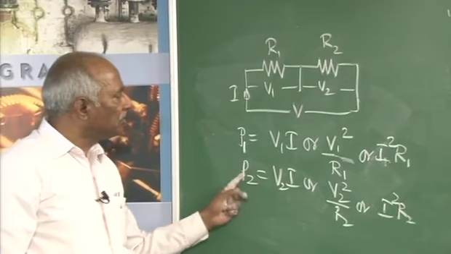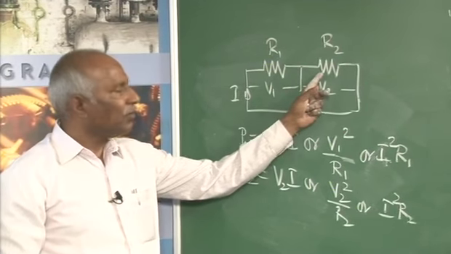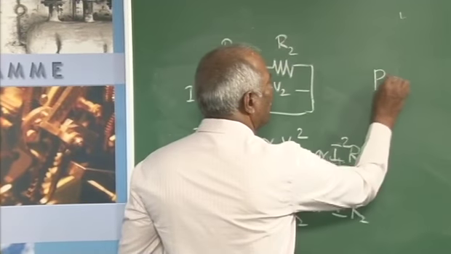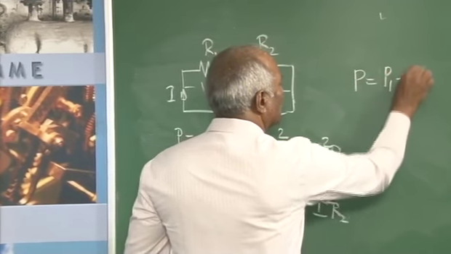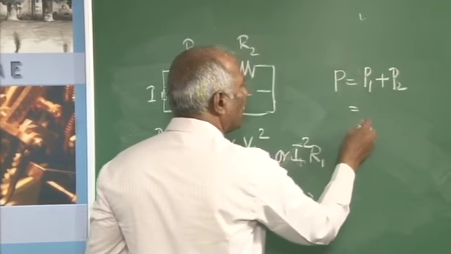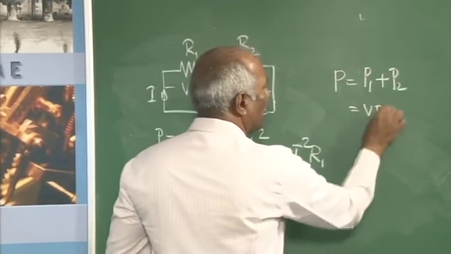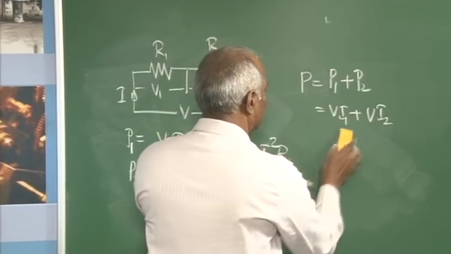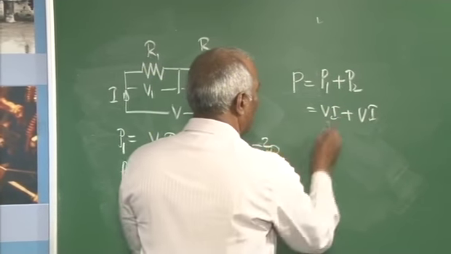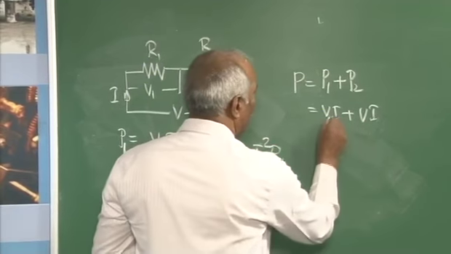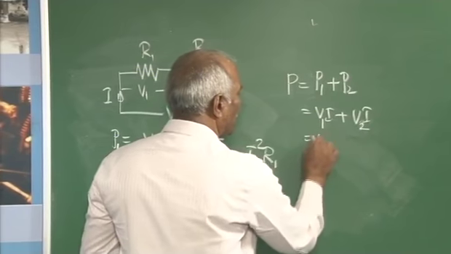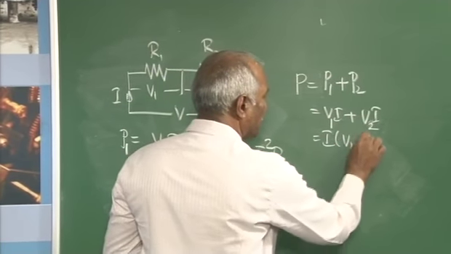This is the power consumed by each of the resistors. What will be the total power? In that respect, P will be equal to P1 plus P2. This will be equal to V1 I plus V2 I. So, this will be equal to I into (V1 plus V2).